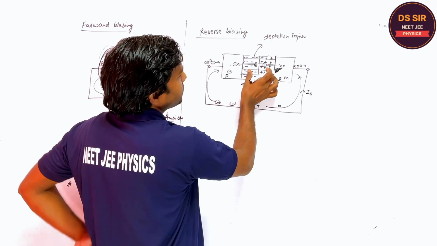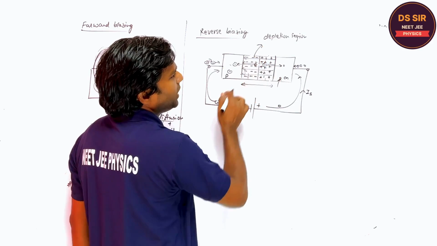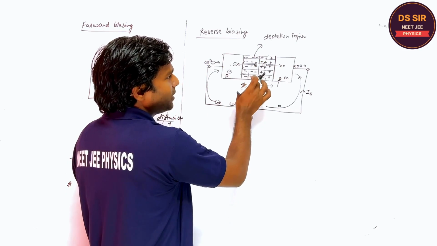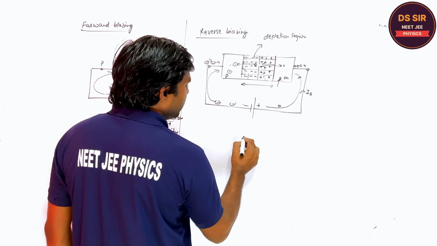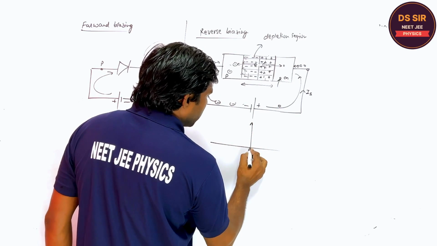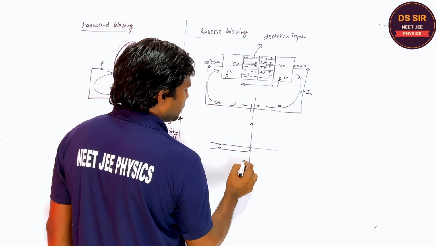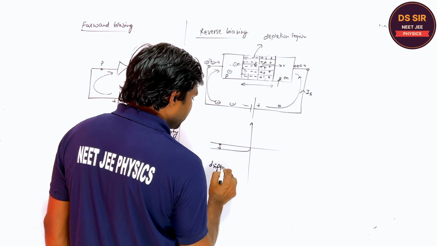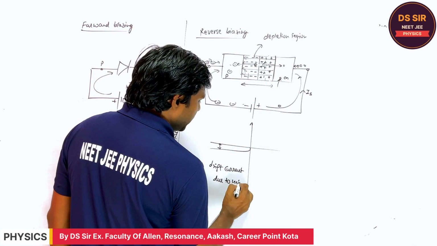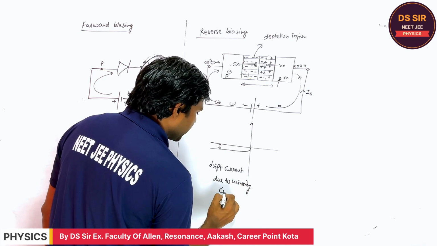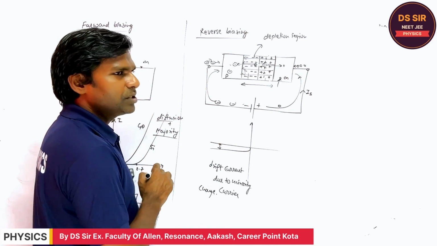This process is called drift, and the current due to drift of the electron-hole pairs present in the depletion region is called the drift current, right? The drift current starts flowing, and it is very small. This is the drift current due to the minority charge carrier. Do you understand this or not?